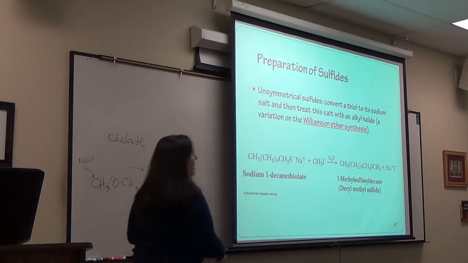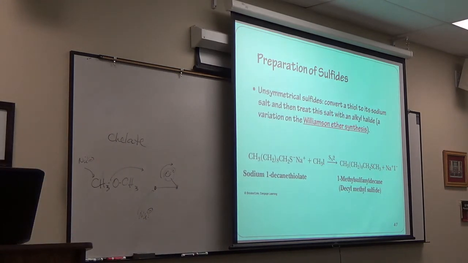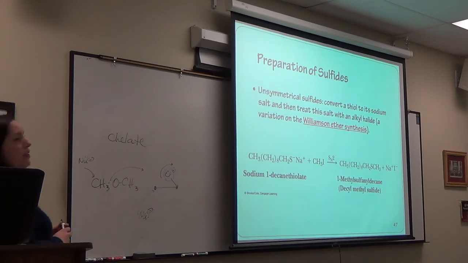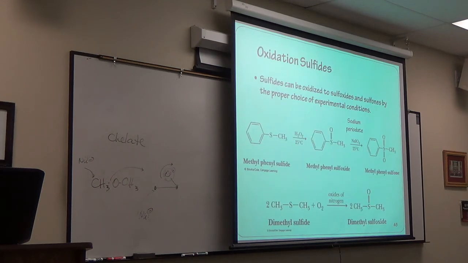We did a similar reaction at the beginning of this chapter called Williamson ether synthesis, and it has the same requirements. You must have either a methyl or a primary halide in order for these reactions to work. So it follows the same rules. This is really an SN2 mechanism. Doesn't work for tertiaries, remember? So you can go back and see those requirements.